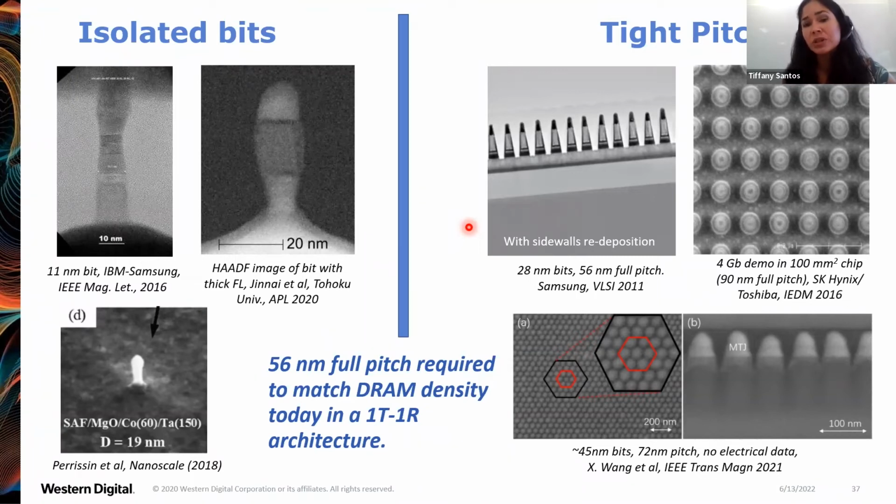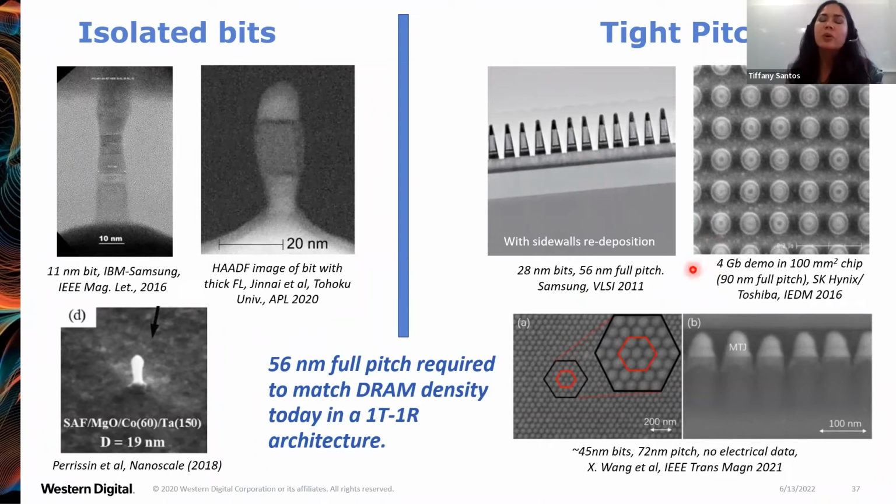And that will typically lead to a short across your very thin MgO tunnel barrier. So you can make the array, but then easily find that all the bits are shorted and you get no electrical data. That's what has happened here in this Samsung demo a while back. You have a tight pitch array of MRAM bits, but no electrical data.